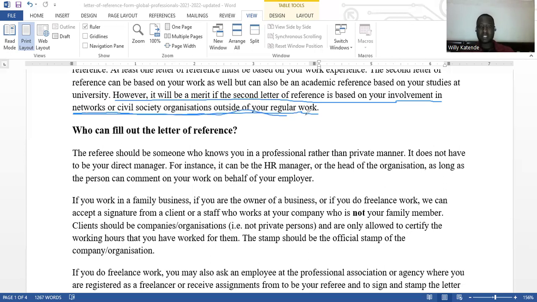But in any case, if you're not able to get the second letter of reference from your network or civil society organization, you can still get it from your professional work. So that is very important.